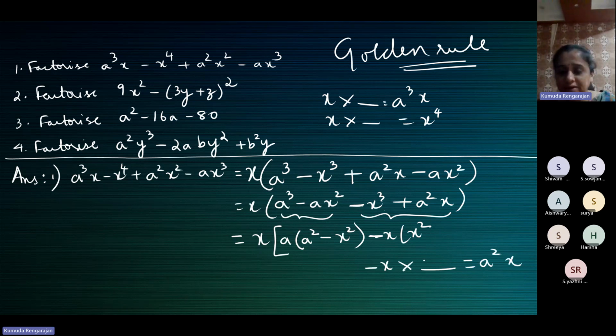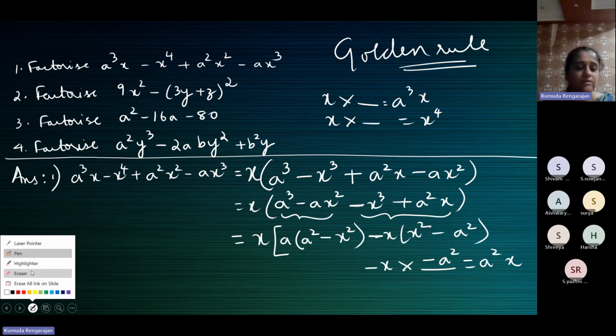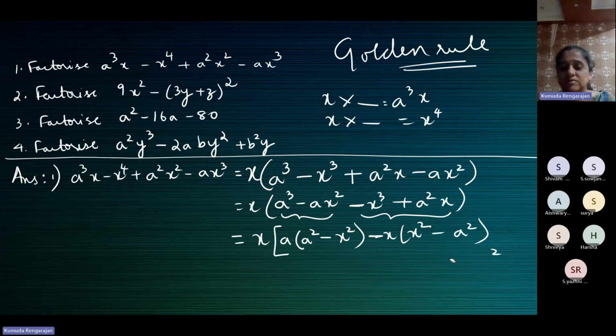So minus into minus is plus, and then a square. So minus a square, because minus into minus is plus. The fourth term is plus a square x. So minus into minus is plus, and x into a square is a square x.